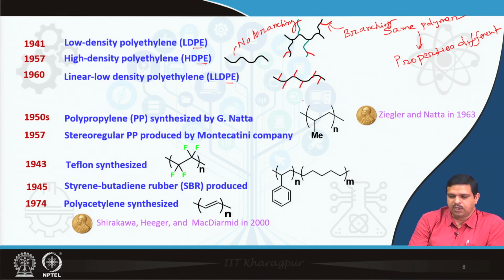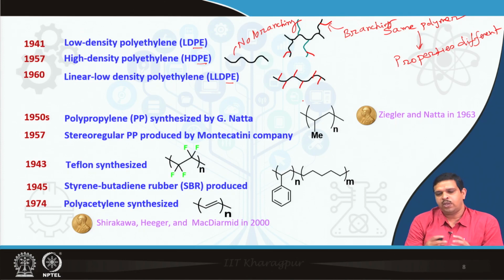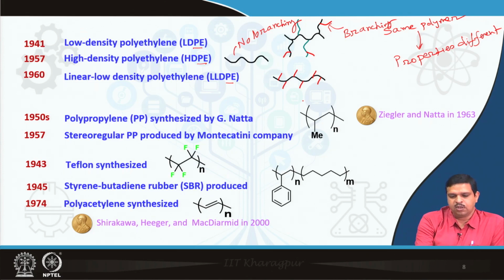We are basically making it a little more flexible, and we are also trying to combine two properties, the brittleness due to the crystalline nature, and also trying to make it more flexible. So, we want to induce two properties in the LLDPE. This is the recent development in polyethylene, which is LLDPE. We will discuss these LLDPE polymers. This is one of the major aspects of using modern catalysts in the polyolefin industry.